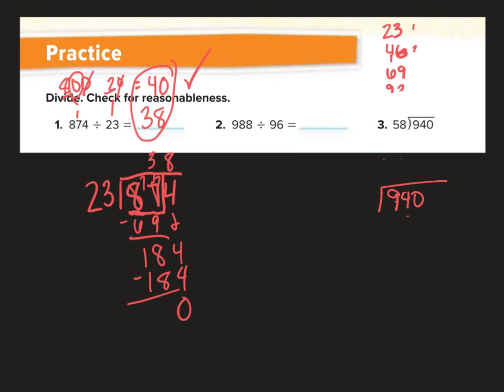940 divided by 58. So 94 divided by 58 is just going to be 1 minus 58. 8, 4, 8, 3. 8 minus 5 is 3. Bring down my 0. How many 58s can get to 360? So here's my typical strategy.